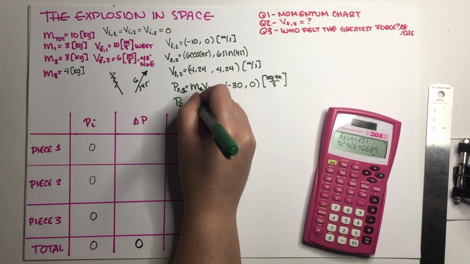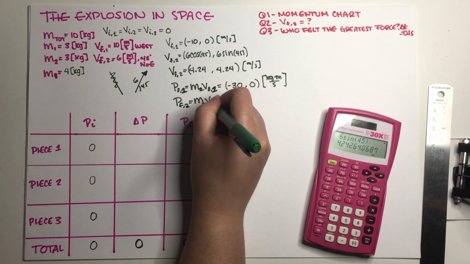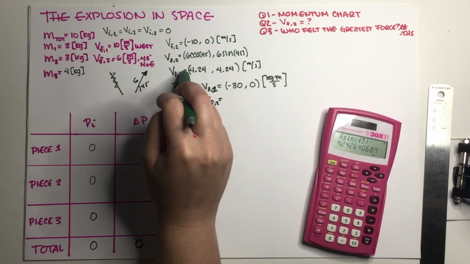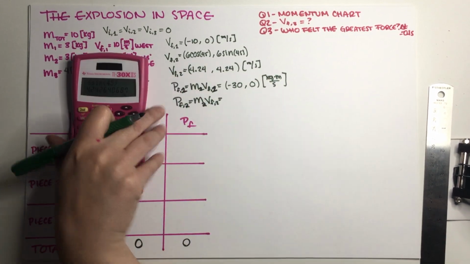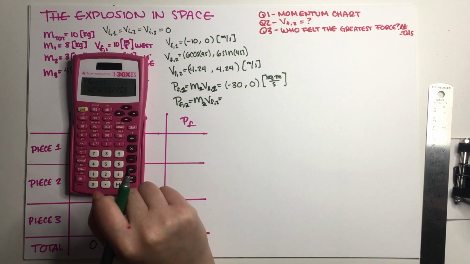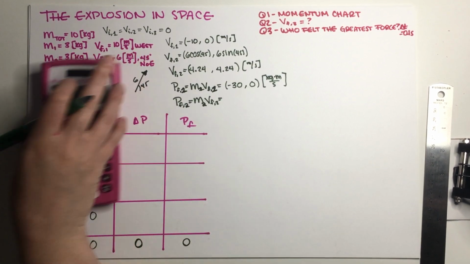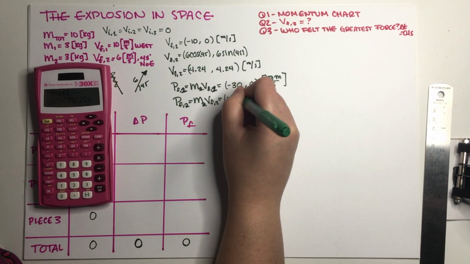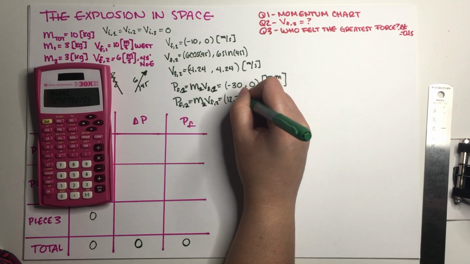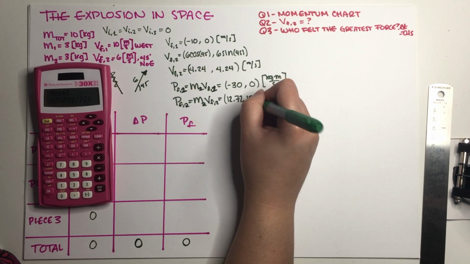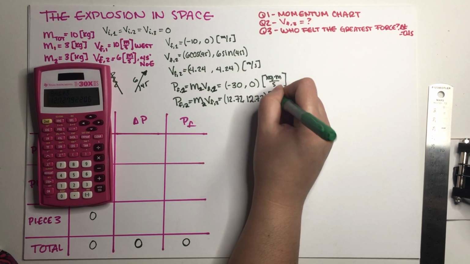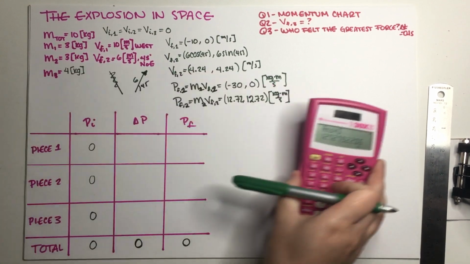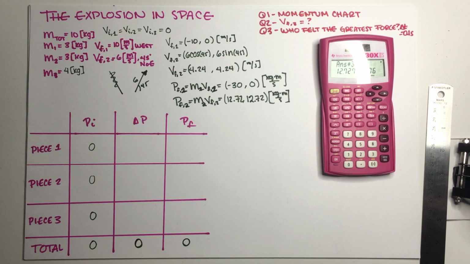And then for the second asteroid, this is mass 2 times v final 2, and this is going to be equal to 3 times 4.24, which is 12.72 kilogram meters per second.